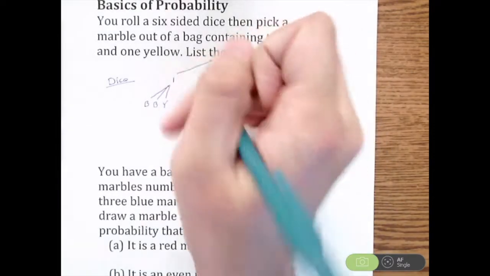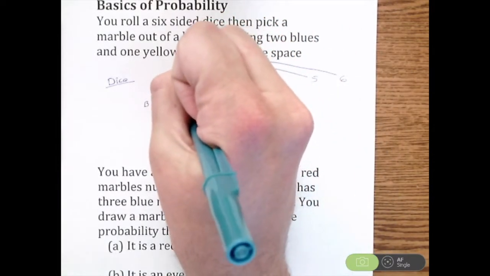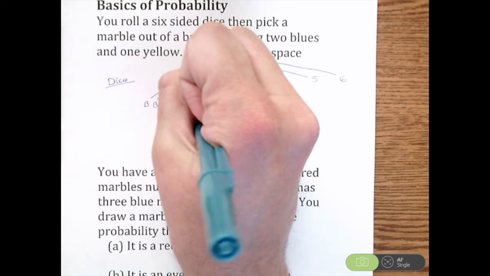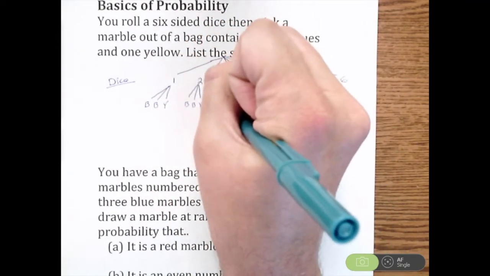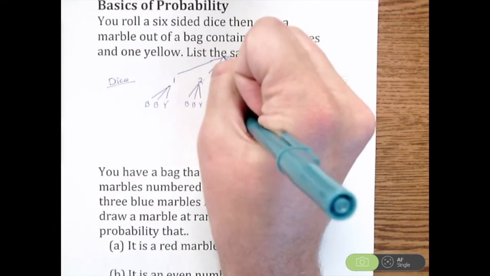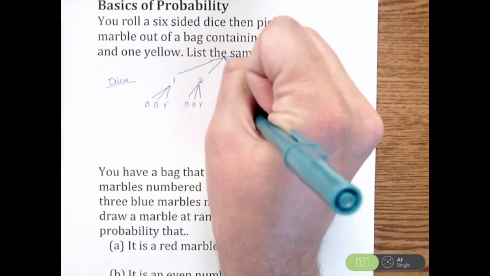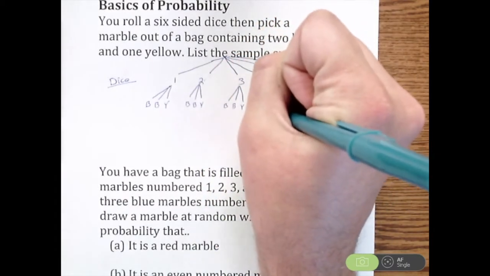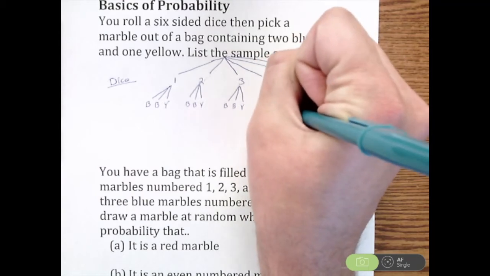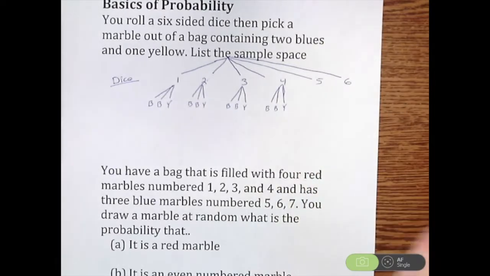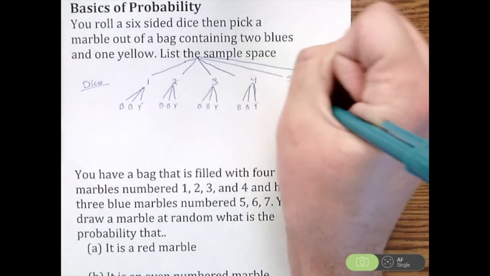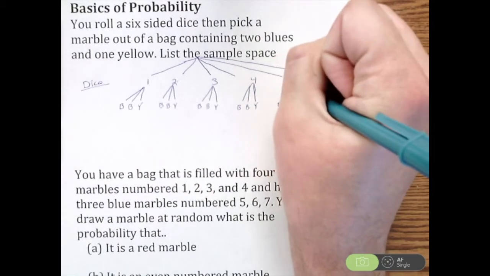So I could roll a 2, then I have the option of a blue, or a yellow. I could roll a 3 and get a blue, or yellow. Roll a 4, get a blue, or a yellow. Same thing with 5 and 6.